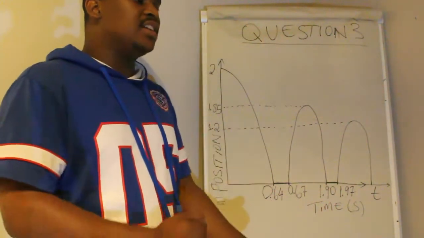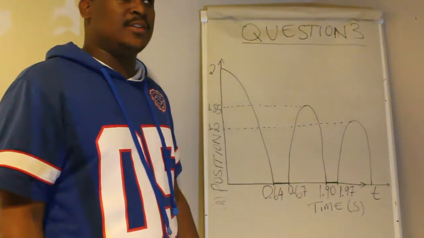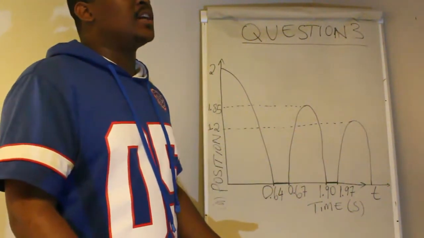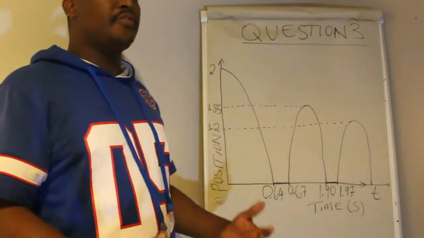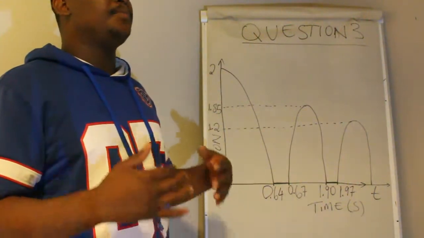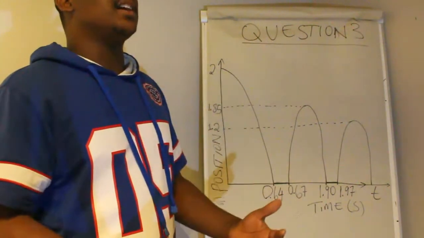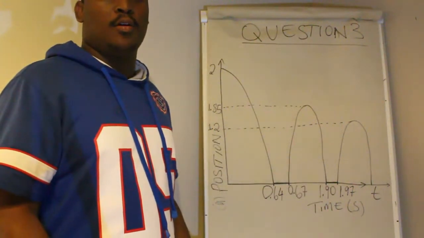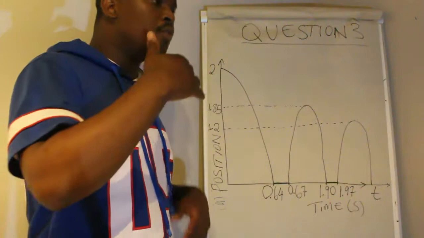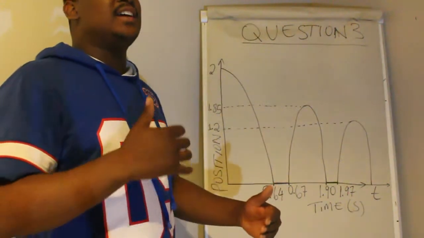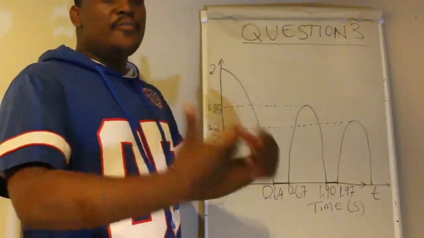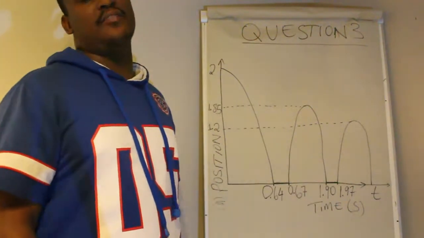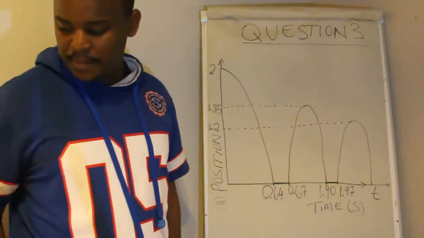So this motion is influenced by the gravity or the weight of this object. So to define free fall, you say free fall is a motion of an object that is influenced by gravity only. The only force acting on that object is gravity. So that's what you mean by the term free fall.